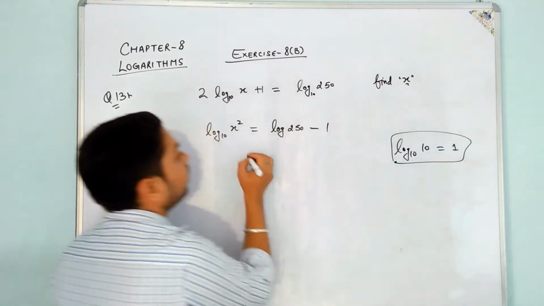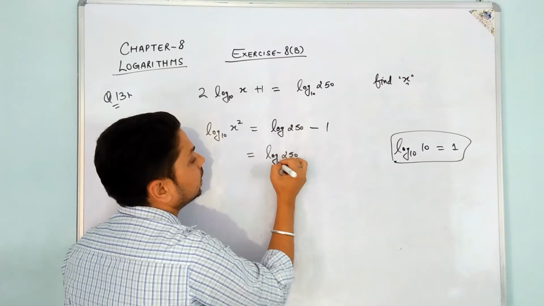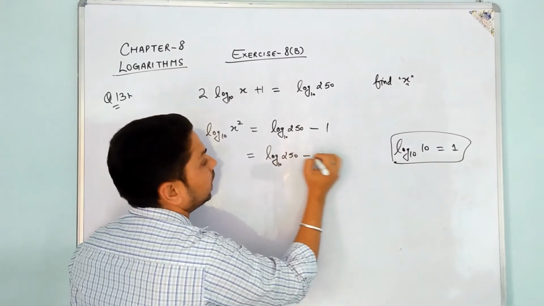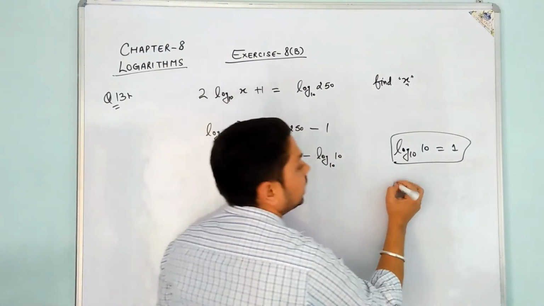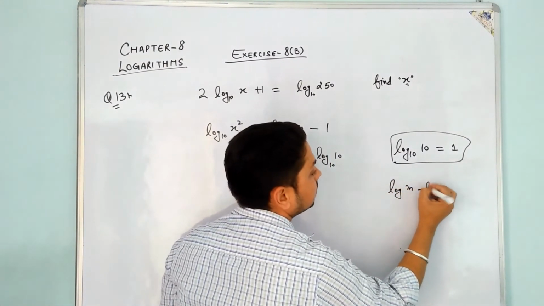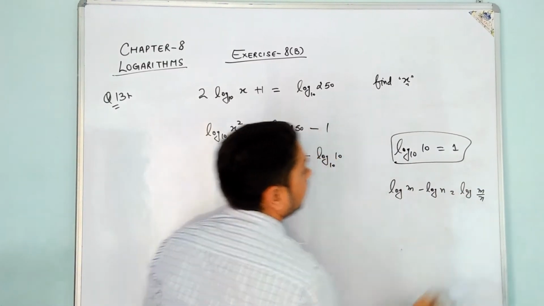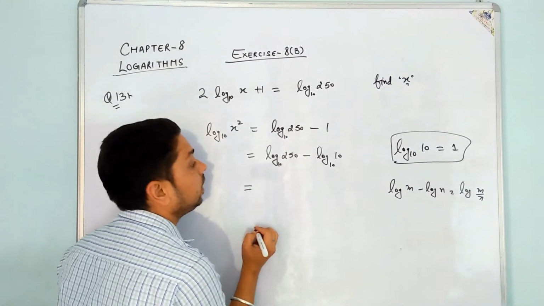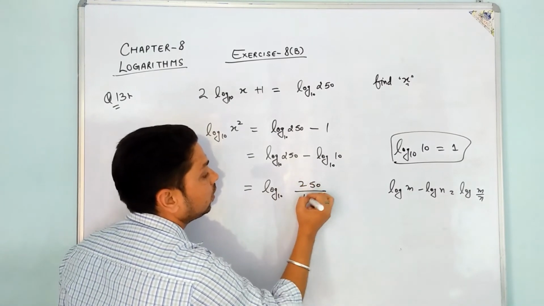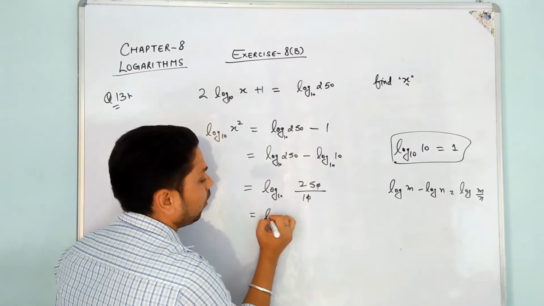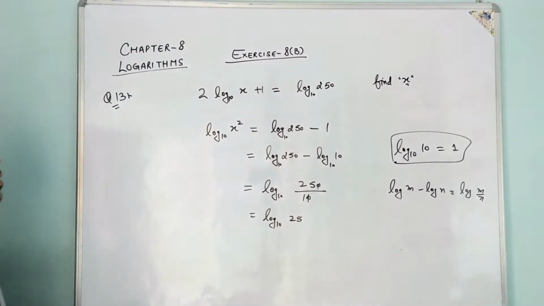So 1 can be written as log of 250 minus log of 10. Applying the property log m minus log n equals log of m over n, this will be equal to log of 250 upon 10, which is log of 25.